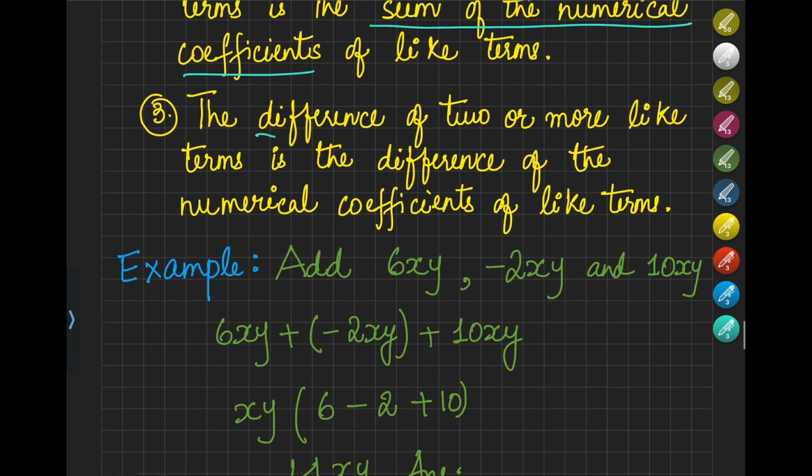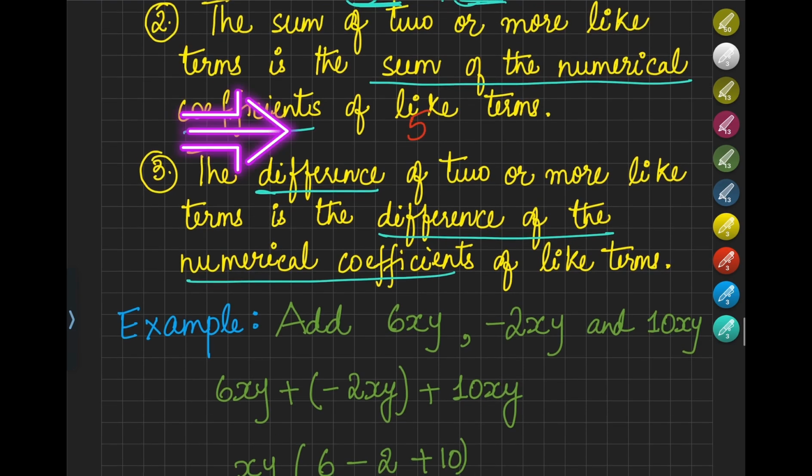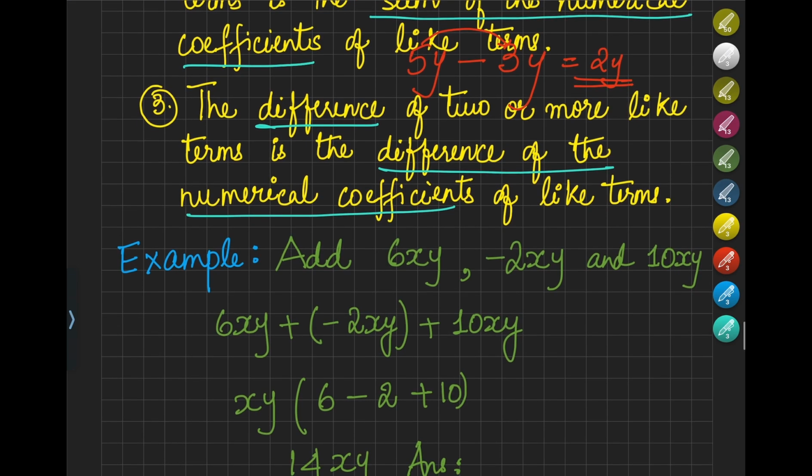In the same way, the difference of two or more like terms is the difference of the numerical coefficients. Say, for example, I have 5y minus 3y. They are like terms. Numerical coefficient means 5 minus 3 is equal to 2y, which is the answer for the difference of two or more like terms.